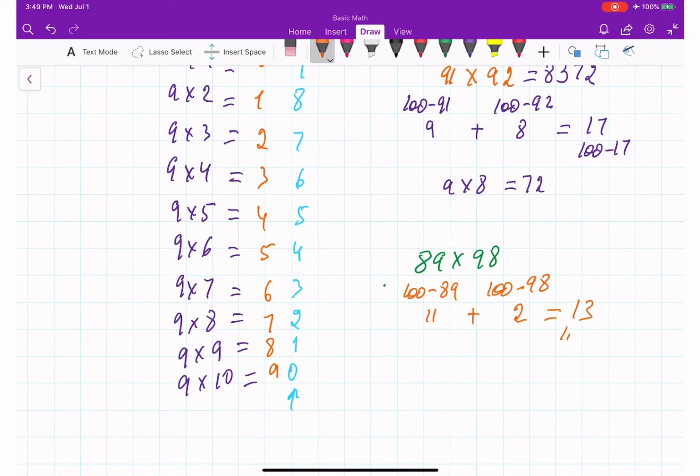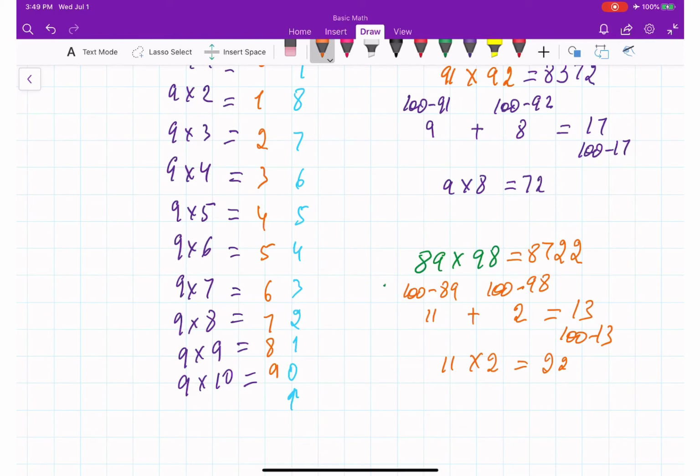So 100 minus 13 is 87. And 11 times 2 is 22. So it's going to be 22. And we have the result.